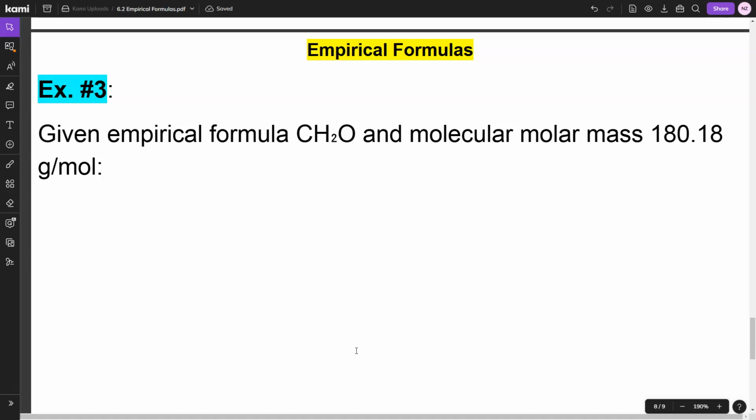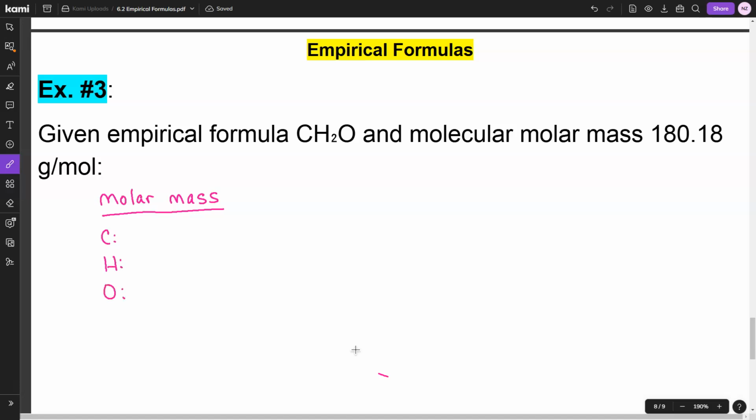In this example, it says, given the empirical formula CH2O and molecular molar mass of 180 grams per mole, let's find the molecular formula. So the first thing that we're going to need to do is determine the molar mass of CH2O. To find the molar mass, we're just going to go through and add up the individual molar masses of everything.